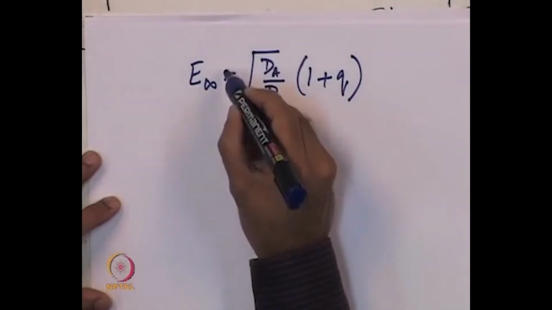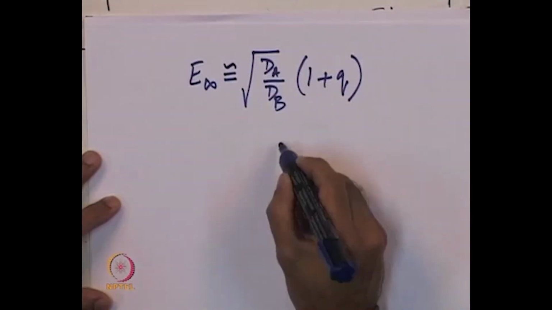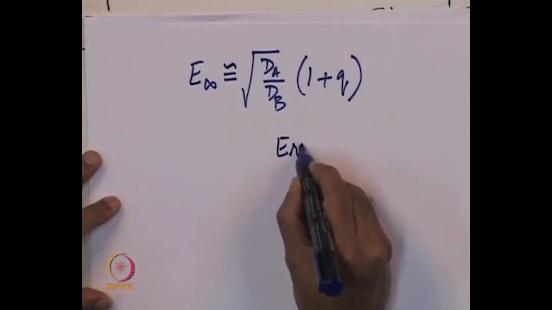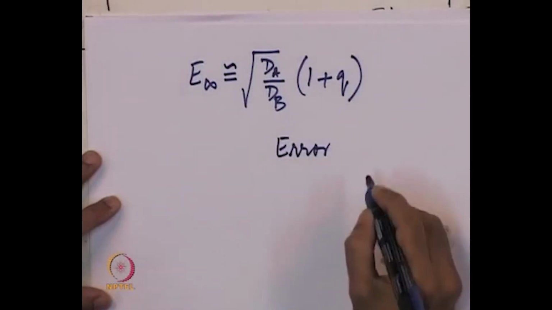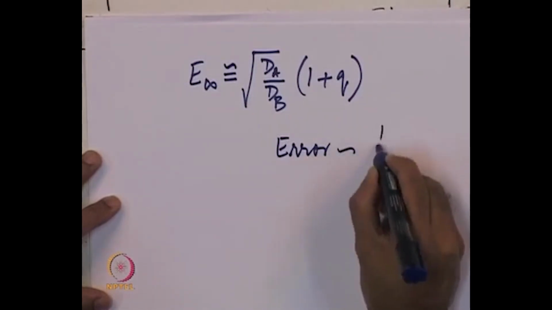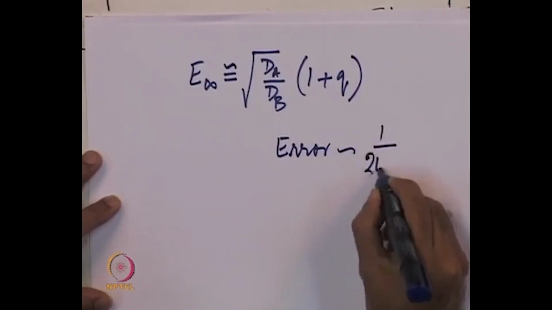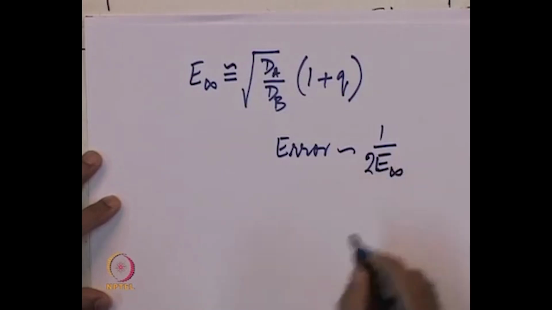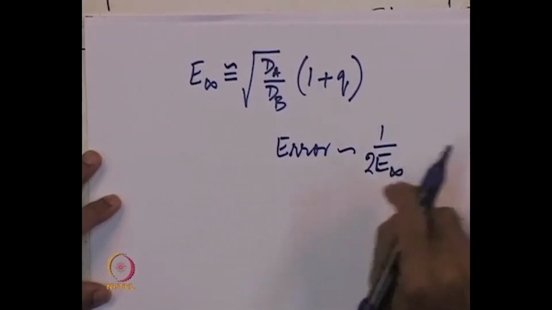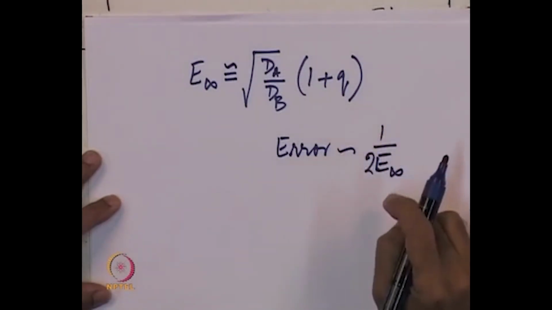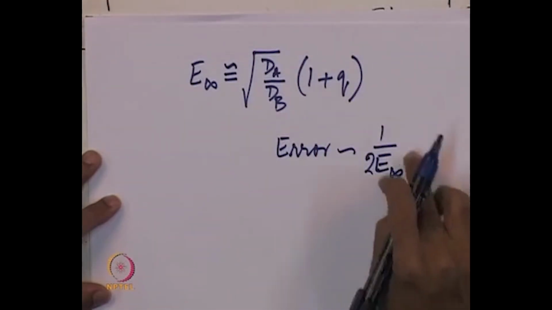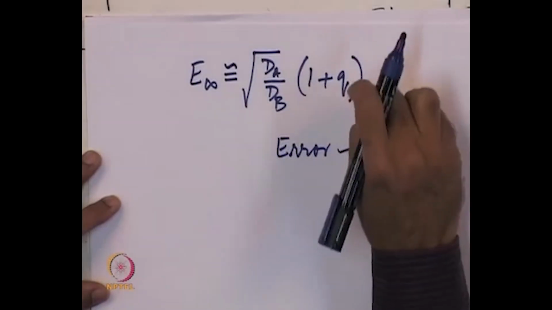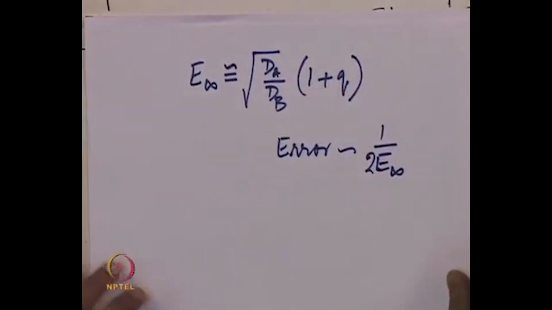Now, this is, as I said, an approximation, and the error that you make in calculating enhancement factor by this expression is of the order of 1 over 2 E infinity. So, the larger the value of the enhancement factor is, in other words, the larger the value of q is, the smaller the error that you make in using this expression.